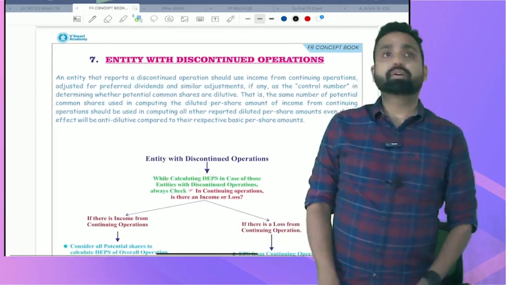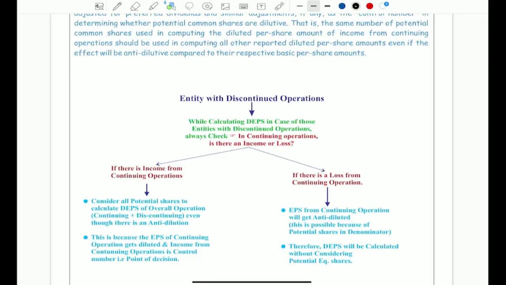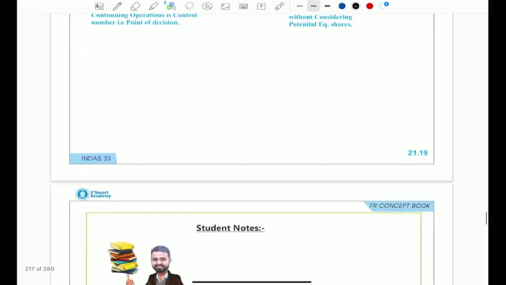The last one. What is the last one? Entity with discontinued operation. I really don't know this topic. Okay, let me give you the example.